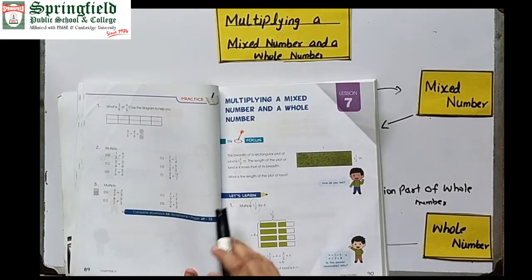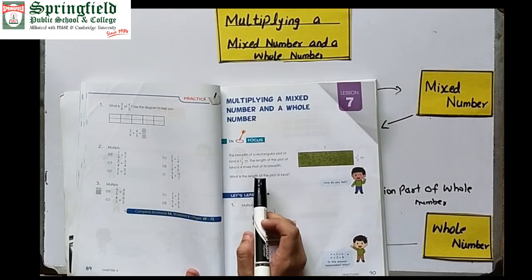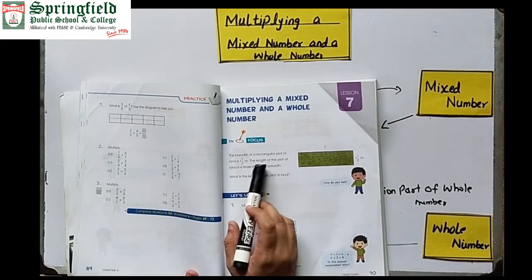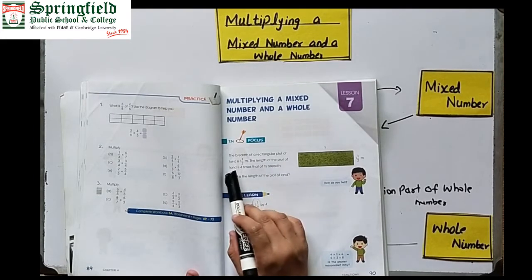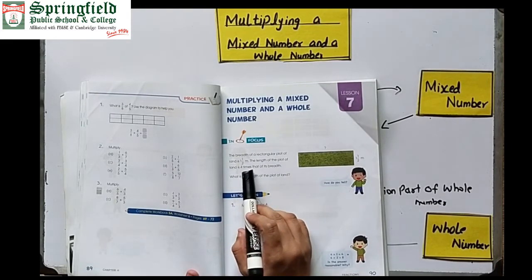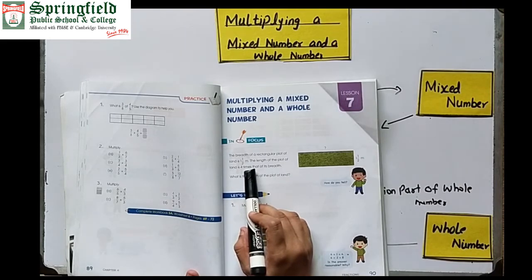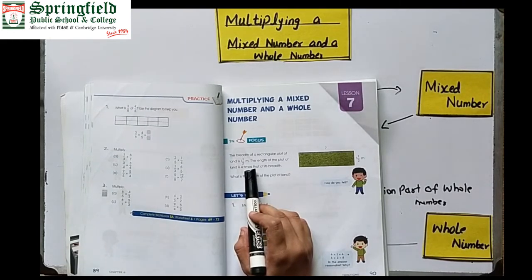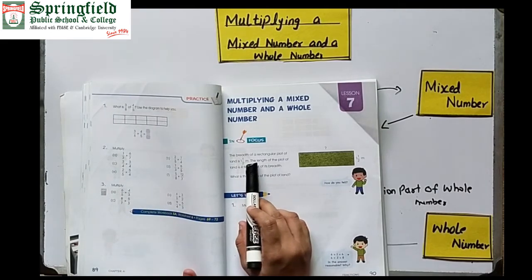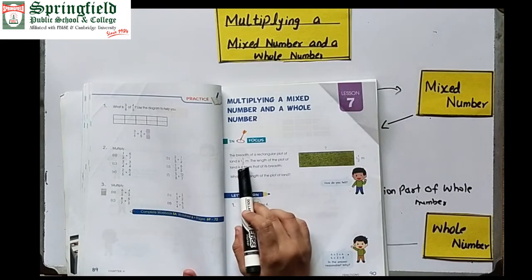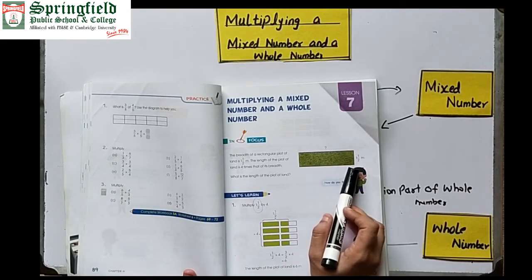Page 90, and the first example is: the breadth of the rectangular plot of land is 1 whole 1 by 2 meter. Meter, centimeter, millimeter, these are units of length, so they are asking about the length. The breadth of the rectangular plot of land is this one.